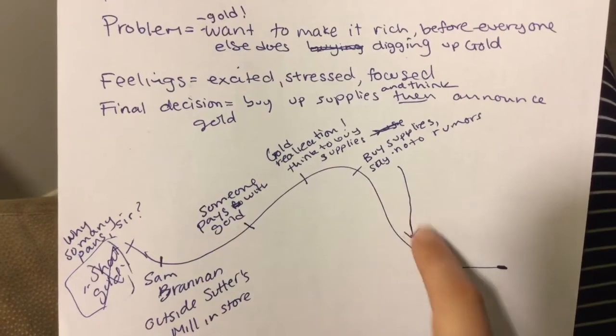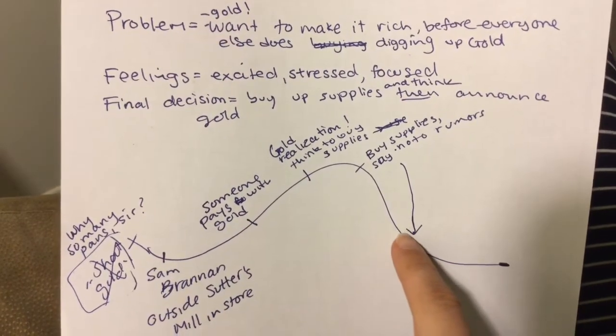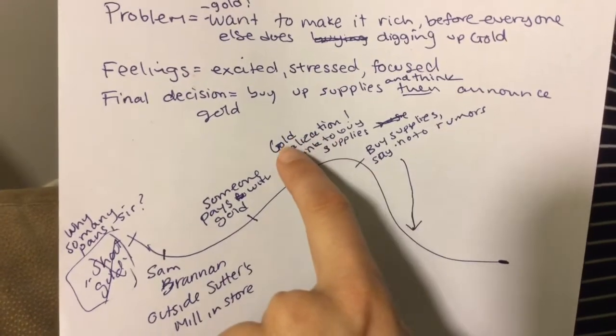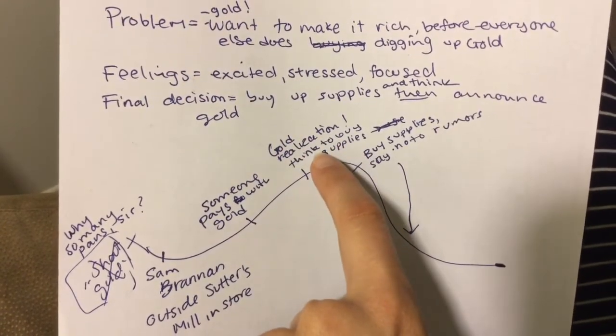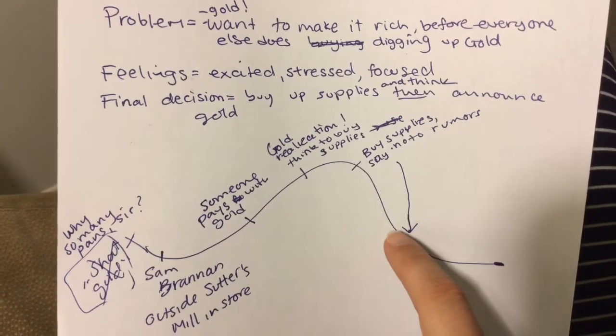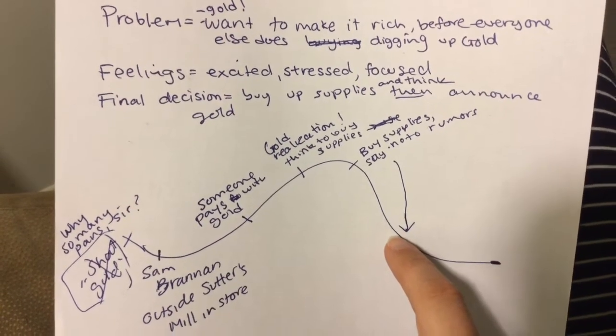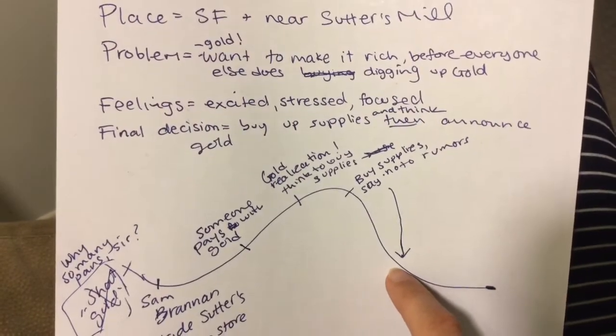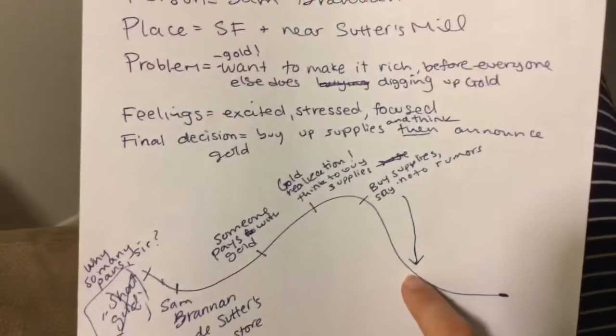And his final action, which I put an arrow here later because I really want this to be over here, and I want this whole thing to be at the top of him realizing there's gold and then deciding to buy the supplies, is him starting to buy the supplies. And then I realized, what would make it even better to show him trying to keep the secret?